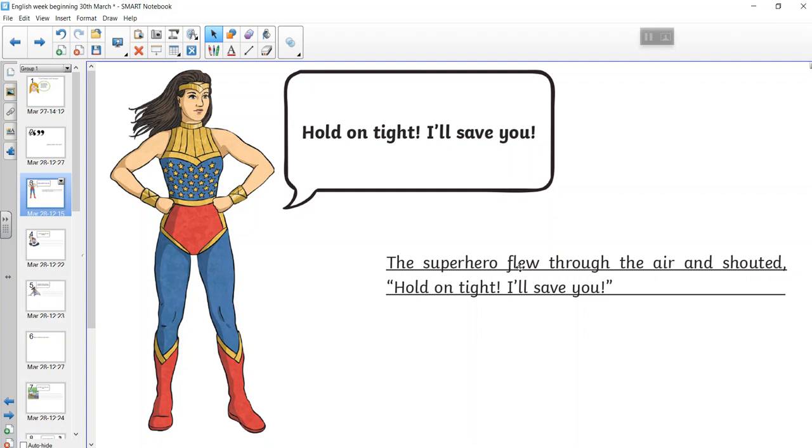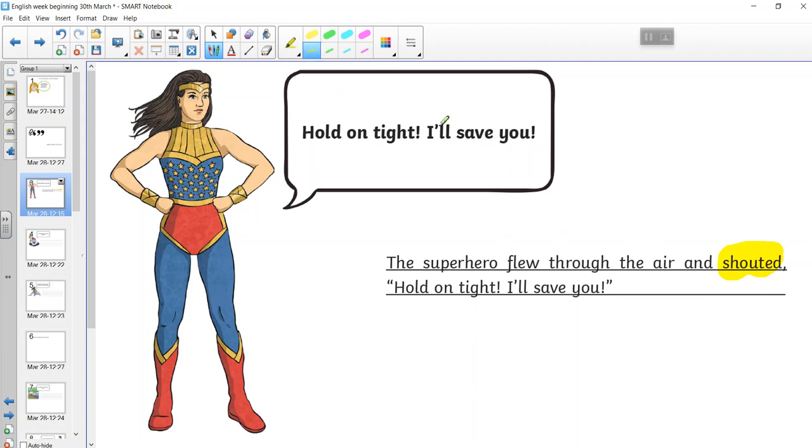The superhero flew through the air and shouted, "Hold on tight, I'll save you." So the verb in this sentence that's important is this one. It's the synonym for said. The superhero flew through the air and said, "Hold on tight, I'll save you."